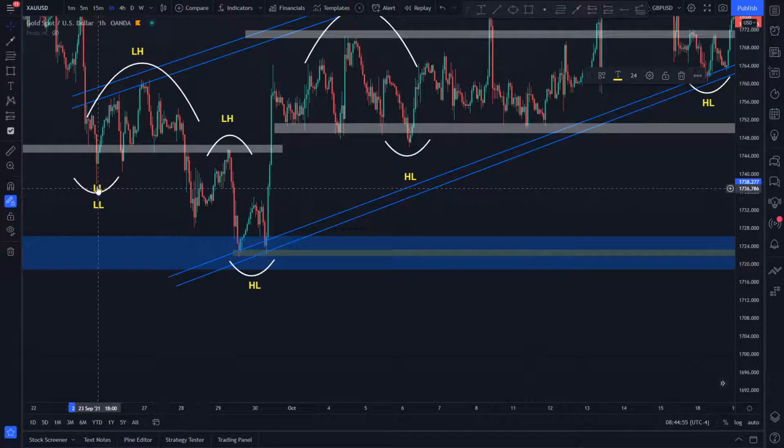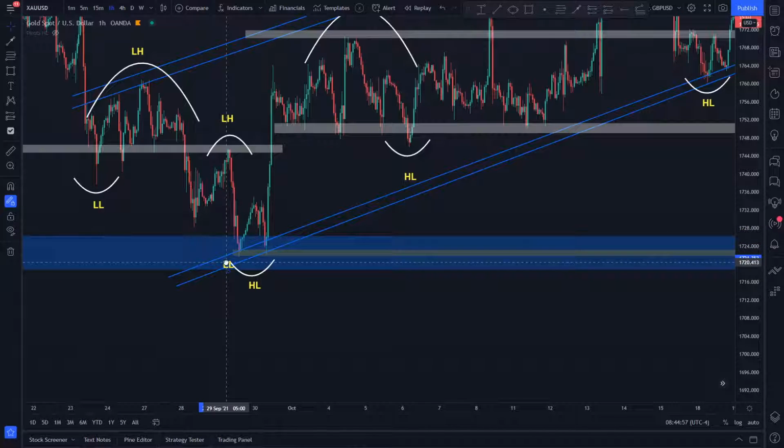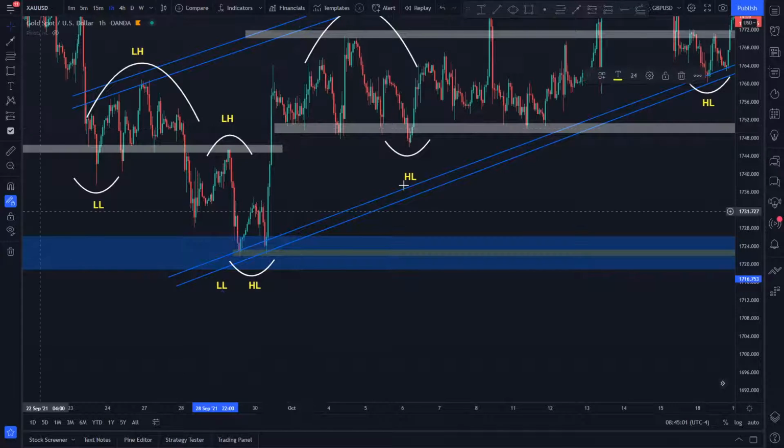So let's say this is the lower low, which it is. Before this was an uptrend. For us to draw fibs, we had to draw fibs from the low high to the lower low. The retracement was here, but we broke past the retracement, and then we broke past the low high.